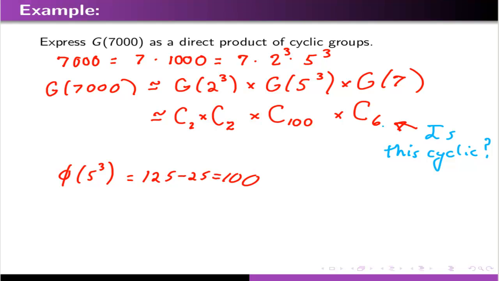And the problem we have is that these numbers right here are not relatively prime to one another. So let's see what's going to go on. So we'll address that question. How do we tell, when I'm taking a Cartesian product of cyclic groups of this type, whether the outcome is a cyclic group? So, not relatively prime.